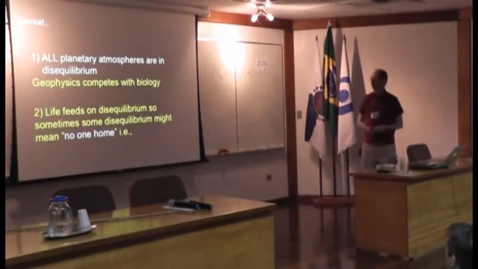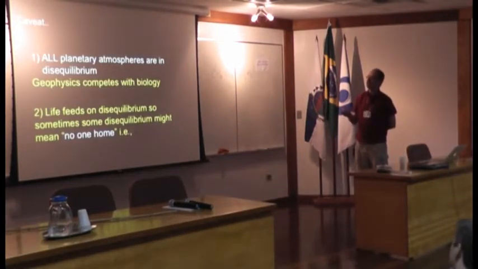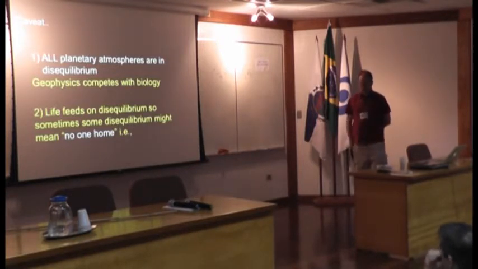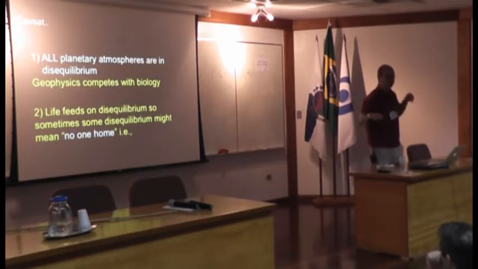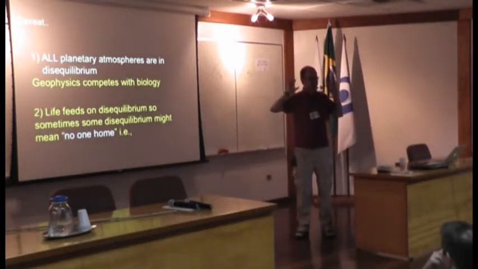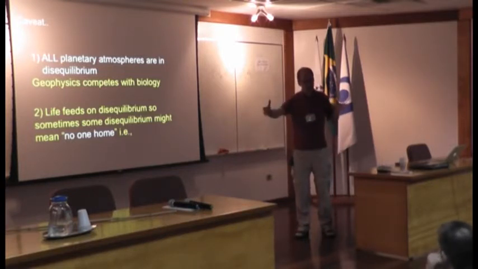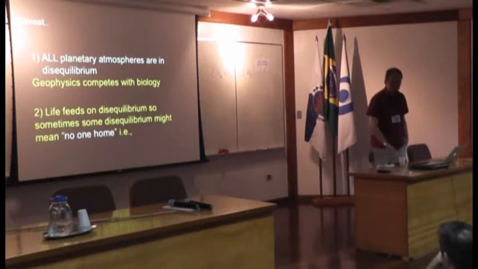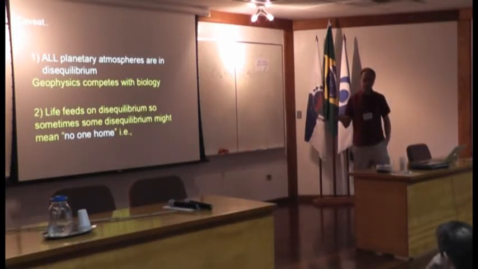But there's a problem. All planetary atmospheres are in disequilibrium to some extent. So the input of free energy, meaning energy that's available to do work, happens for all planets, because a planet receives free energy from sunlight, and that breaks up molecules and creates some temporary disequilibrium continuously. So if you look carefully, in every atmosphere, you'll find some disequilibrium.